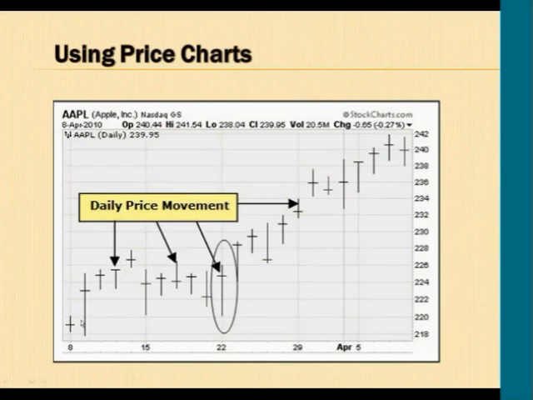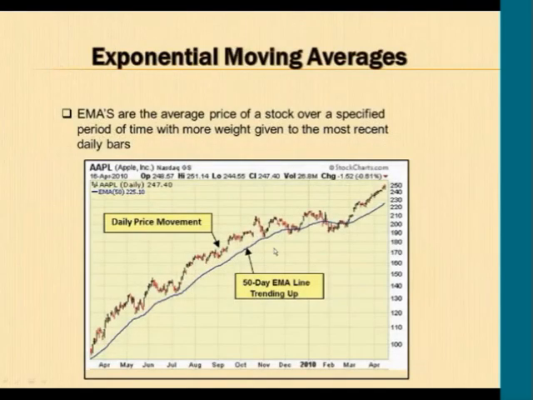So this is a daily price chart of Apple stock. And these vertical bars here represent the daily price movement of Apple stock. So what we like to do to measure the trend is we like to use moving average lines, specifically exponential moving average lines. And these are plotted on a price chart.